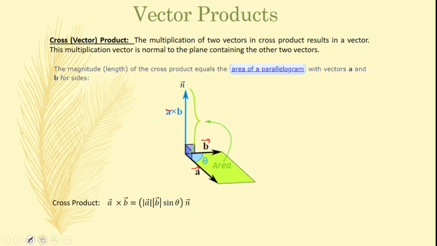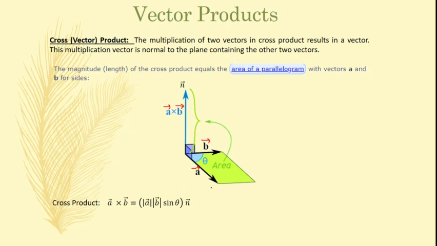Sorry. Suppose this one is A vector and this one is B vector.